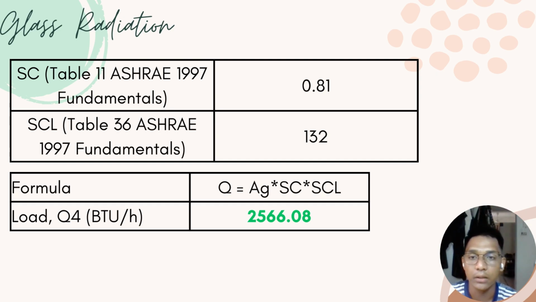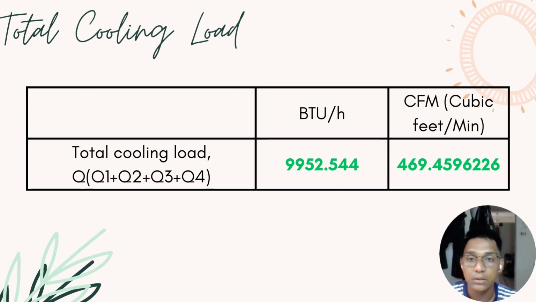We get the values of SC and SCL from Table 11 and Table 36 respectively. The answer for the glass radiation is 2566.088. The total cooling load is the summation of Q1 plus Q2 plus Q3 plus Q4, which is equal to 9952.54 BTU per hour.